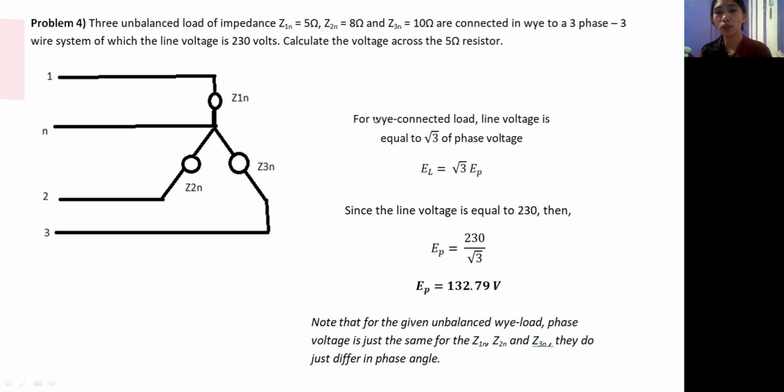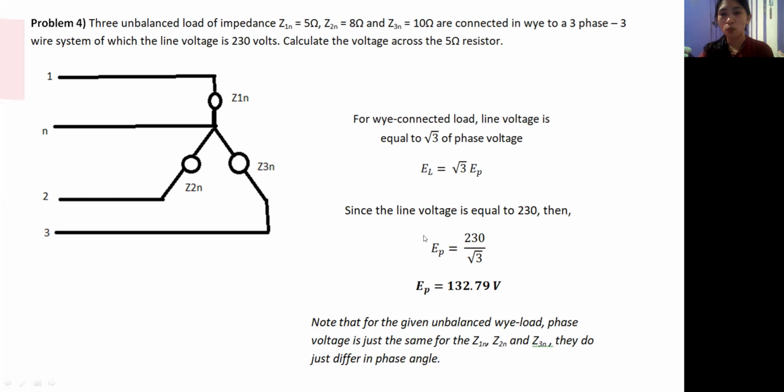For a Y-connected load, the line voltage, which is given here as 230 volts, is equal to the square root of 3 times the phase voltage. So the phase voltage applies to each of the given impedances.